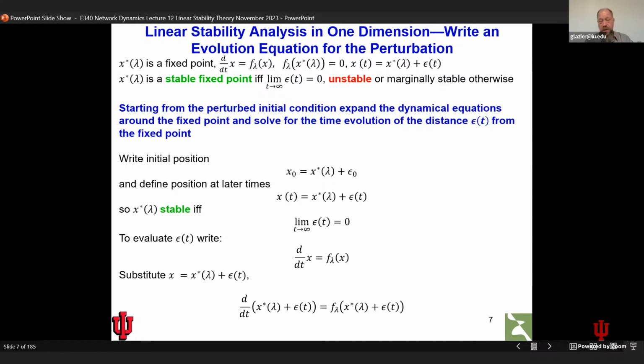I said that physicists tend to call this perturbation theory because we start with x star and we add a small perturbation epsilon to it and see what happens. And mathematicians will call this linear stability analysis. And the reason it's linear stability analysis is that we are restricted to epsilon being small. And what small means we'll come to in a few minutes.